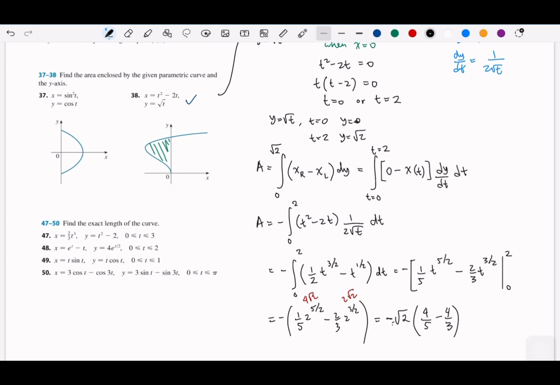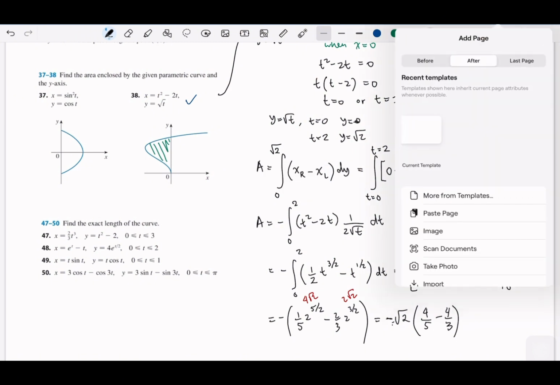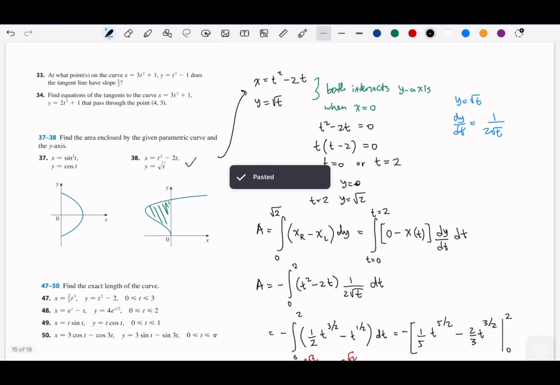Okay, maybe one more. How about 48? Because 50 is too much algebra and trigonometry. I hope you can do that for exercises. I will make this a duplicate.